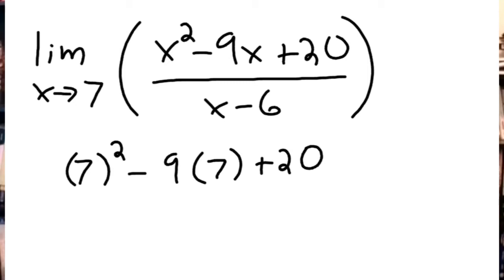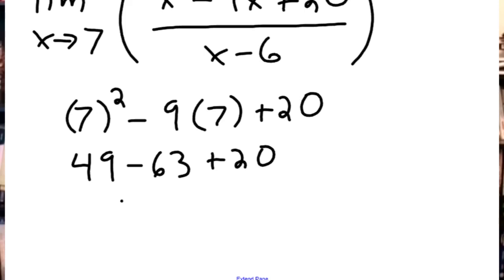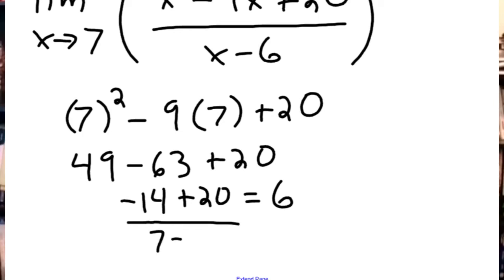Let's go ahead and evaluate the numerator first. So that's going to be 49 minus 63 plus 20. So 49 minus 63 is negative 14. So negative 14 plus 20, of course, is 6. And our denominator is just 7 minus 6, which is 1. So we get 6 over 1, which is 6.